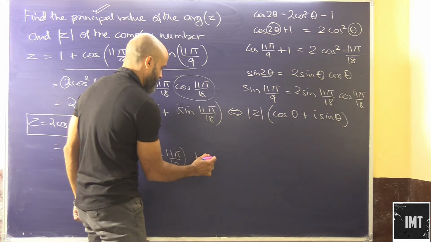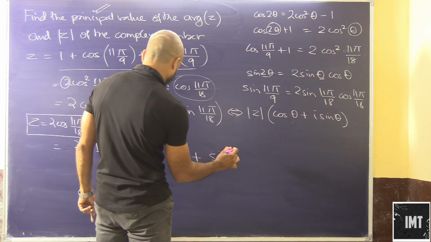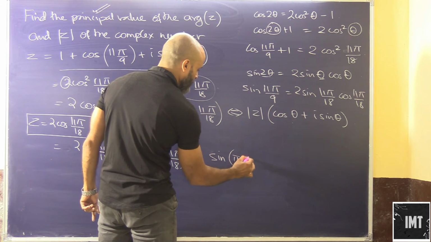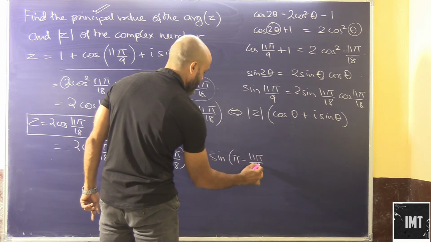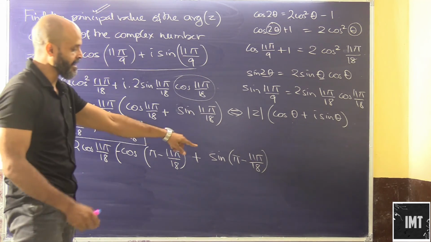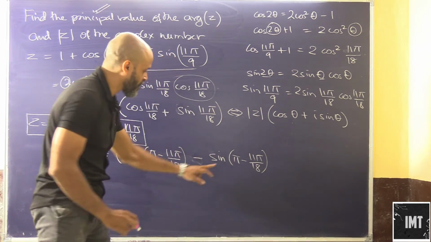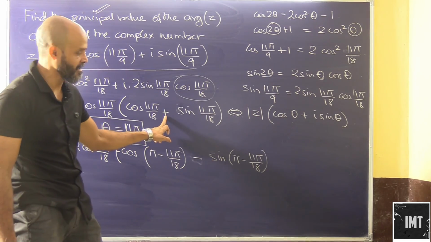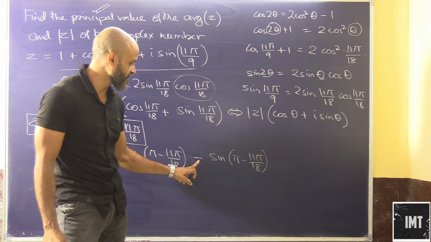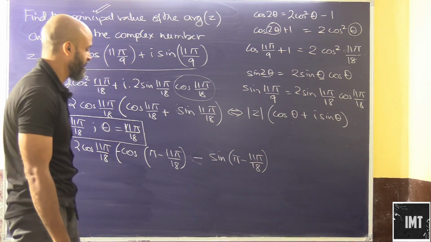Plus, if I write this as sine of pi minus 11 pi by 18, now sine will be giving us plus. So we need to convert this into minus because here we have a plus.